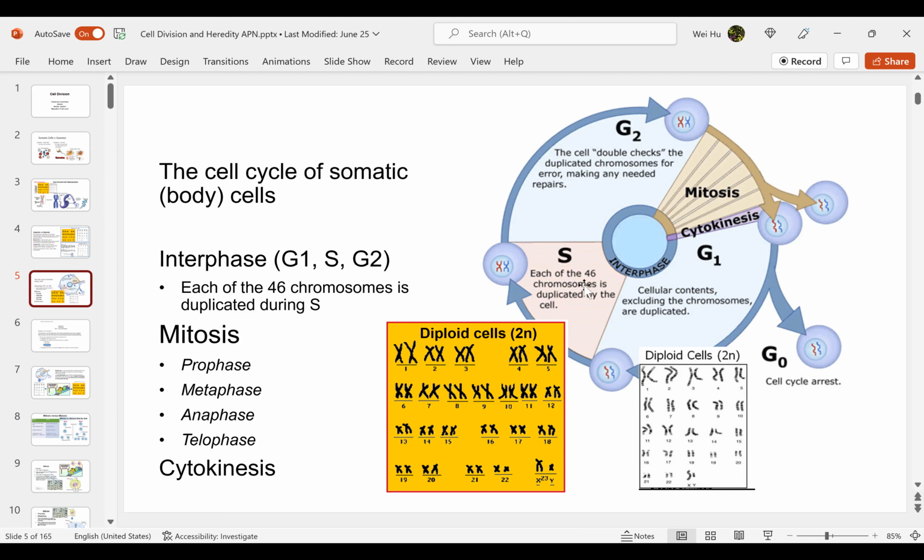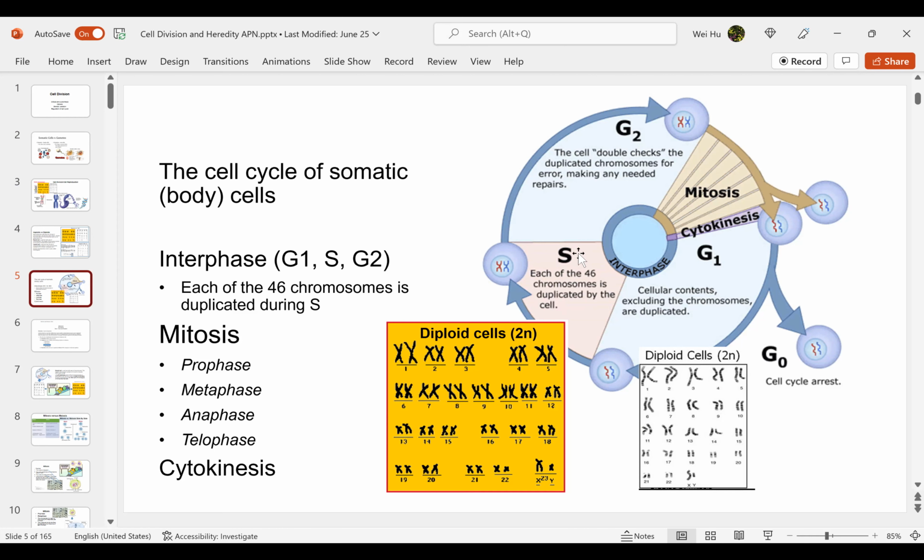Then S phase. When you go through G1, you have to check whether your cells are normal: the cell contents, the nutrients, the DNA. If anything is abnormal, you kick it out. You are not eligible to go through interphase.